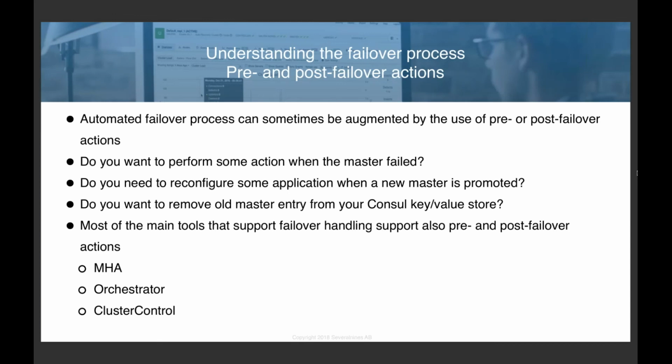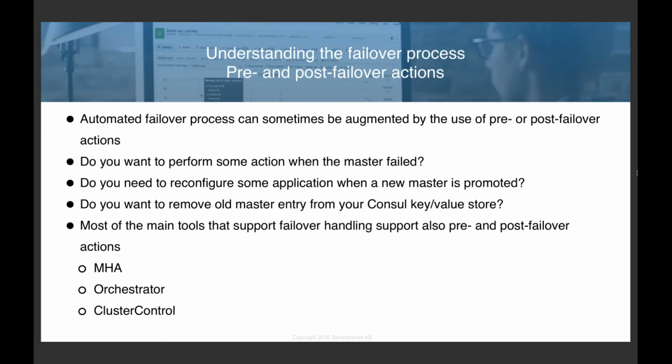Also, pre and post failover actions. An automated failover process, especially if you are using an external tool, can sometimes be augmented by the use of pre and post failover actions.